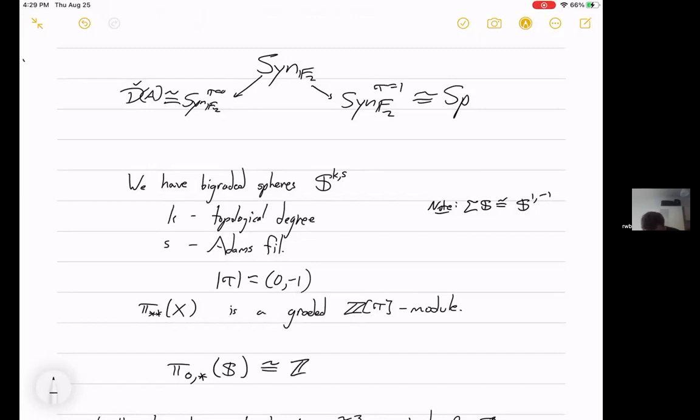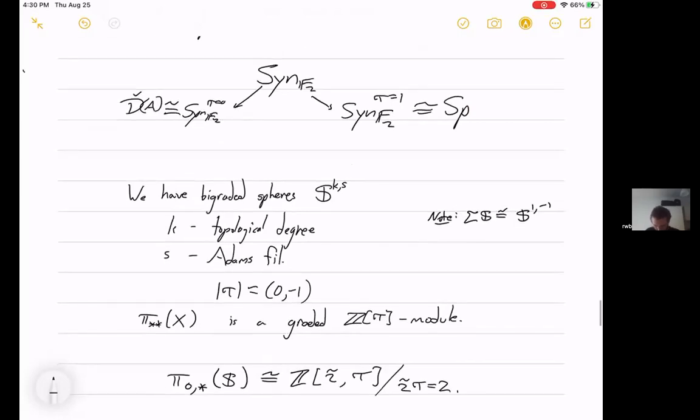You get Z, and then you adjoin a class 2-tilde, and you also have your class tau, and you have the relation that 2-tilde tau equals 2. And so the point here is, what is 2-tilde doing? Well, 2-tilde is witnessing that 2 is divisible by tau, and that divisibility by tau is witnessing the fact that 2 is detected on the 1 line of the Adams spectral sequence.